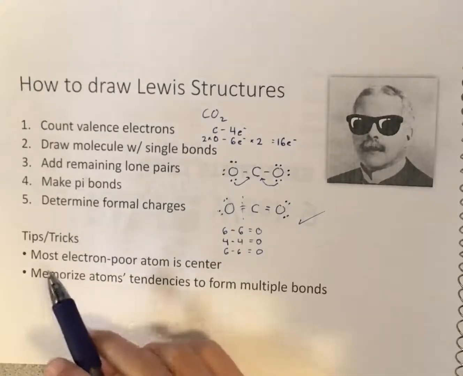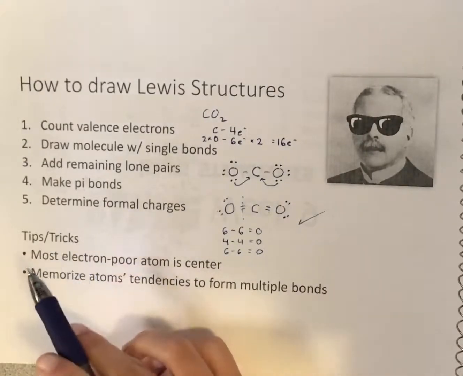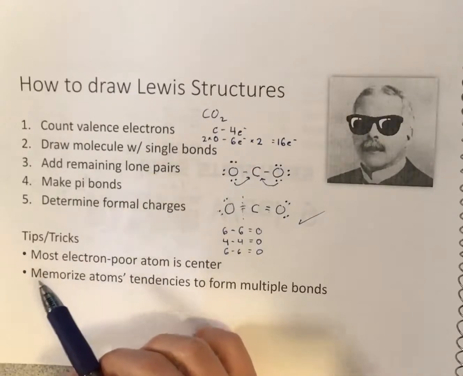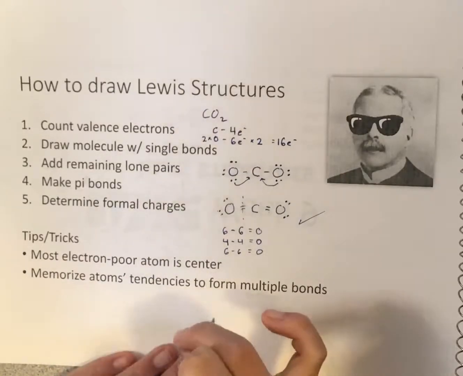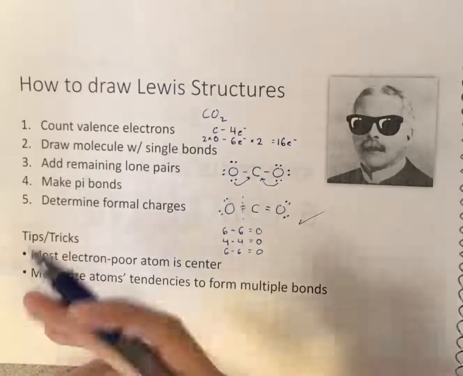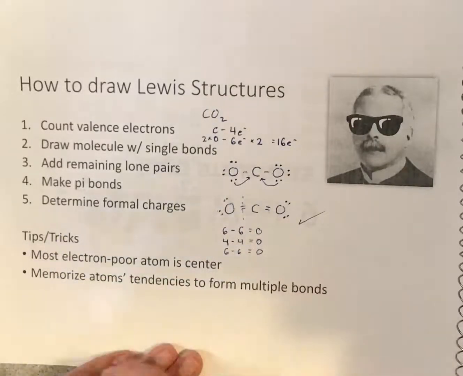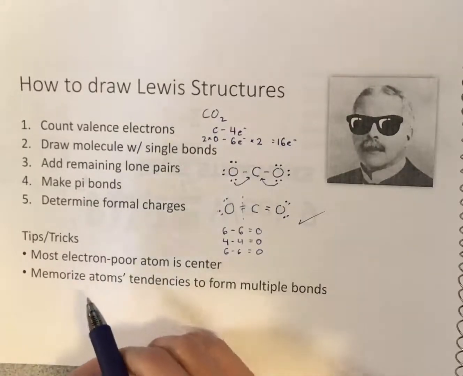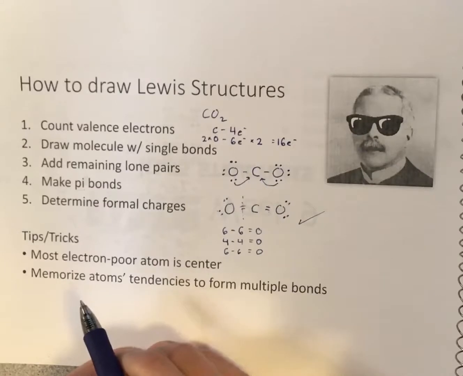So just some tips and tricks for all of the rest of these problems. The most electron poor atom is going to be your center one. So like we went through here, the carbon only had 4 valence electrons. It wants 4 more. So that means that it's going to be the center. And then you might want to memorize atoms' tendencies to form multiple bonds.